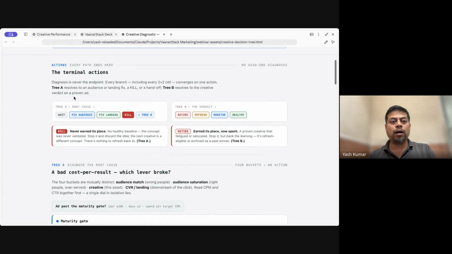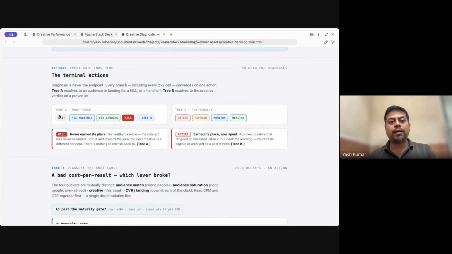Now, what we do is that we define these actions, and there are two decision trees in this. Based on the root cause, whether we wait, whether we fix the audience, whether we fix the landing page, whether we kill the ad completely, or we move to tree B. So this is within tree A, and I will tell you the details of tree A. And within tree B, the actions are whether we retire the ad, which means it was doing well but we need to now stop it, or we refresh, which means the concept is still valid but maybe a different angle is required, or we just monitor it.